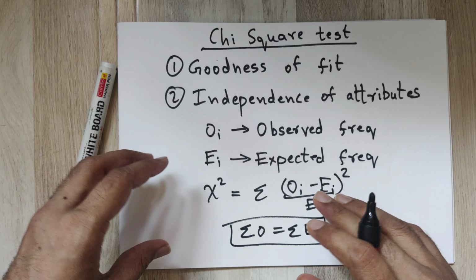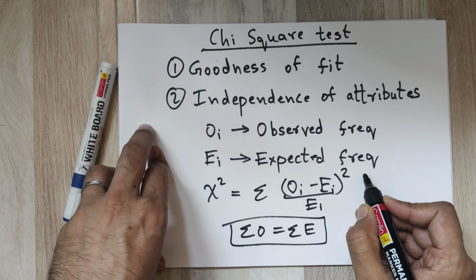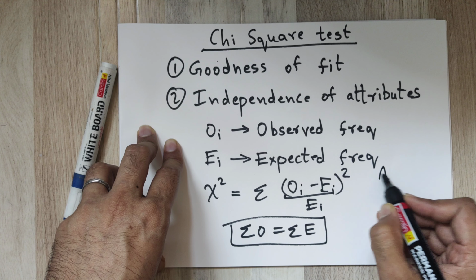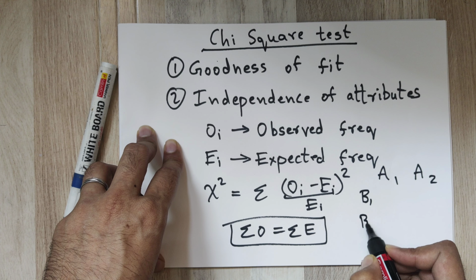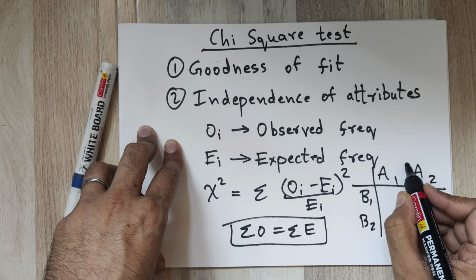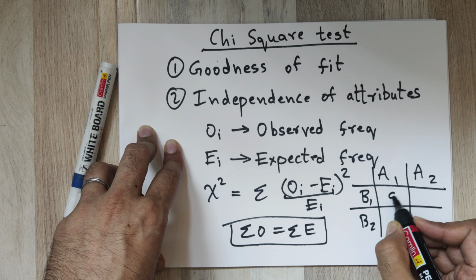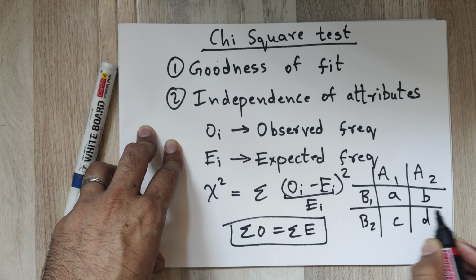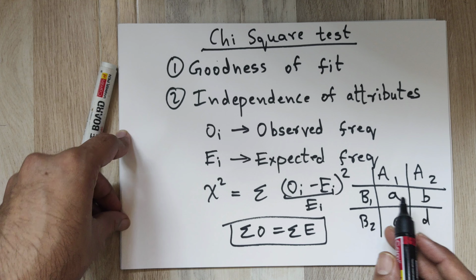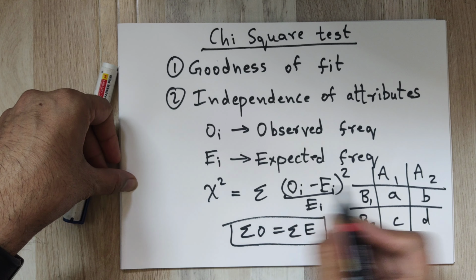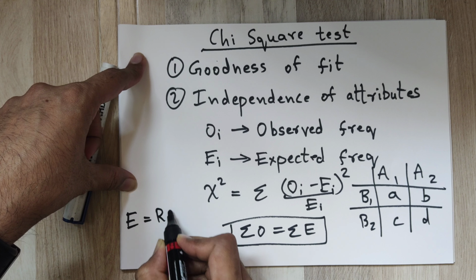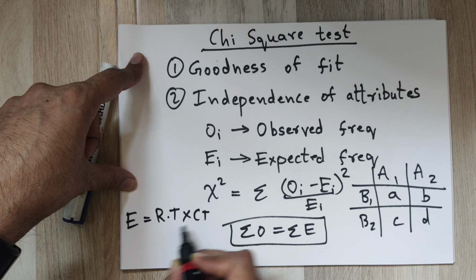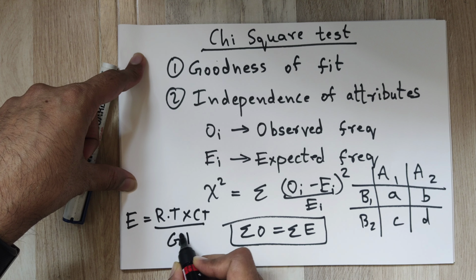But if the data is in the form of a contingency table, that is, if we have say two parameters A1, A2 and B1, B2, and the observed frequencies are A, B, C and D, then for such kind of data we can calculate the expected frequency by using the formula, that is row total into column total divided by grand total.